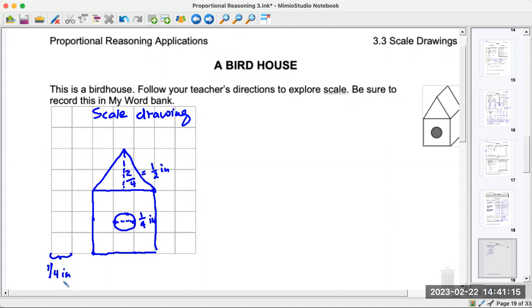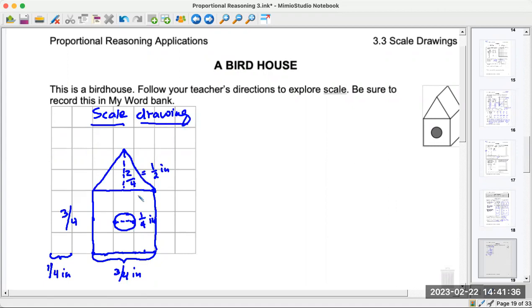That makes it 1/4 inch. Now this right here, from here to here, because there's 3 of these, makes it 3/4 inches. And of course, this is the same, 3/4 inches. So now I have all the dimensions for my scale drawing.